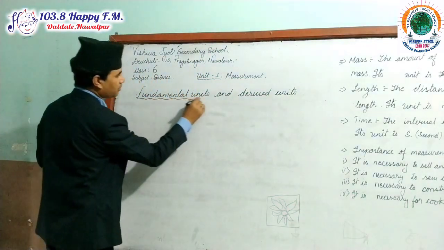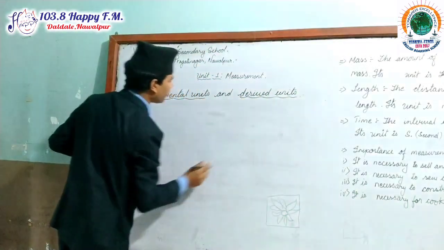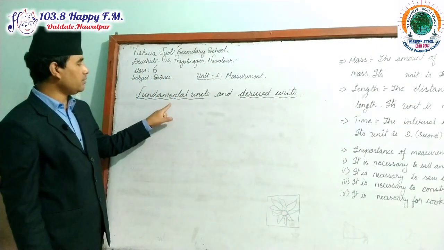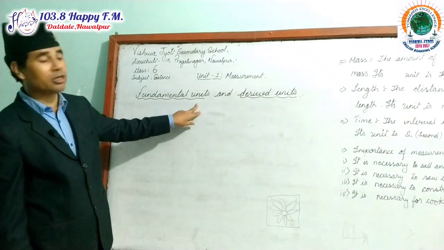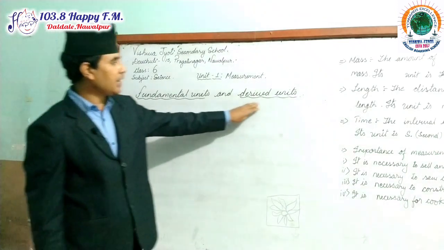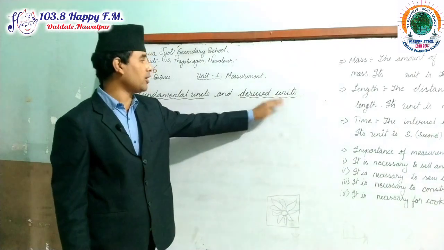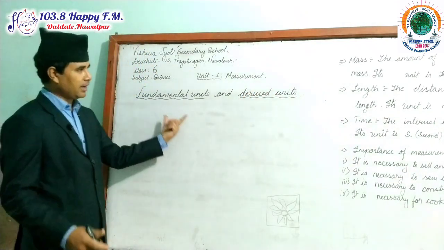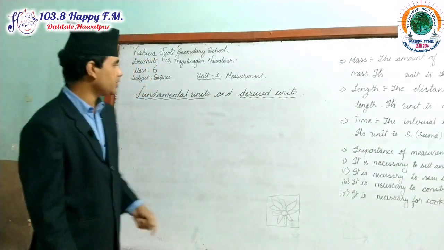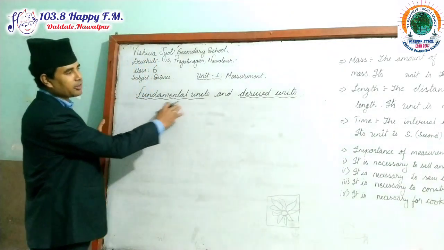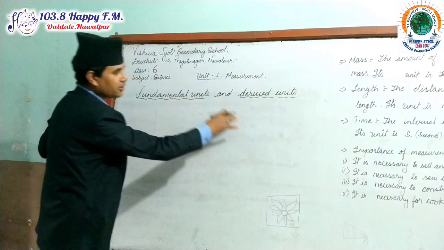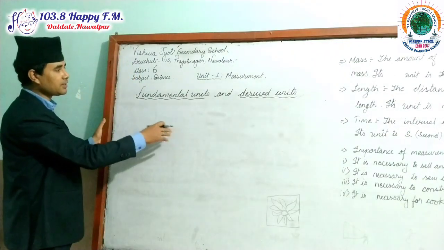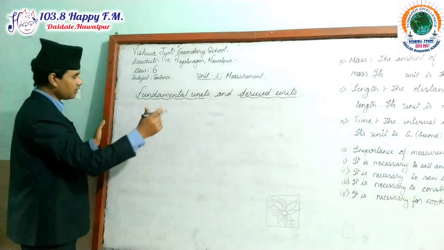These two units is very important. Now fundamental units means those units which do not depend upon other units, and derived units are those units which depend upon other fundamental units. Now differentiate between fundamental units and derived units, you can give it as it is. Fundamental units are those units which do not depend upon other units.